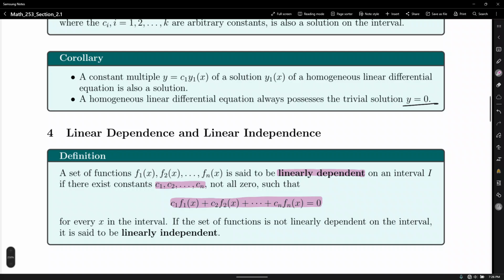On the other hand, if the set of functions is not linearly dependent on the interval, then that set is said to be linearly independent.